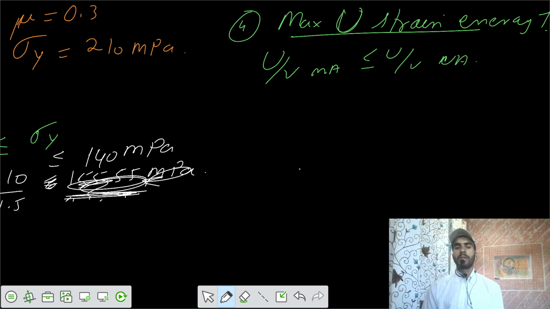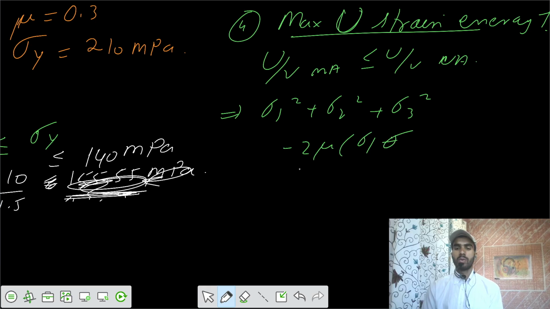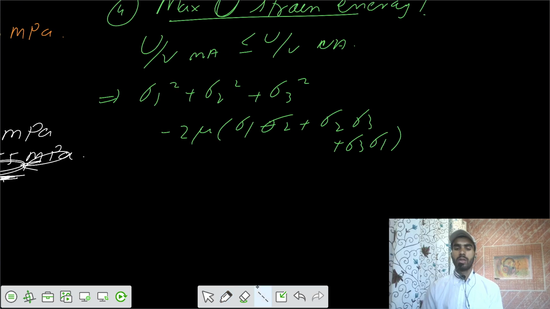So strain energy per unit volume, we have the result sigma 1 square plus sigma 2 square plus sigma 3 square minus 2 mu times (sigma 1 sigma 2 plus sigma 2 sigma 3 plus sigma 3 sigma 1), and that should be less than or equal to Fy whole square.